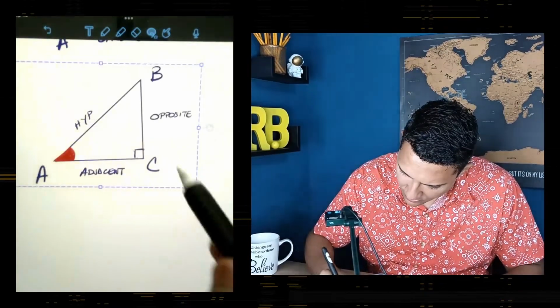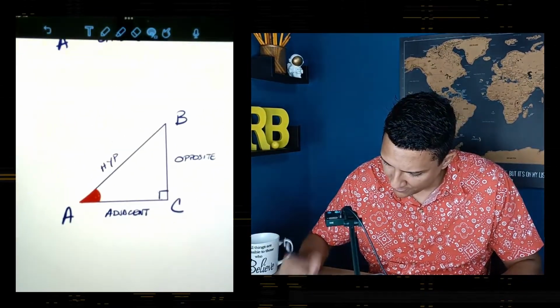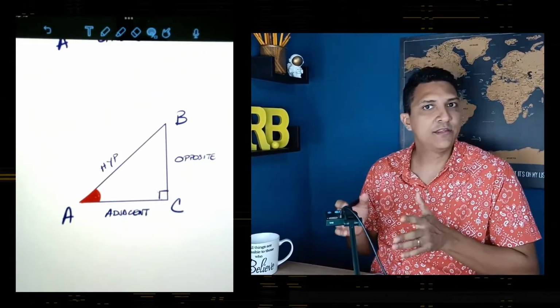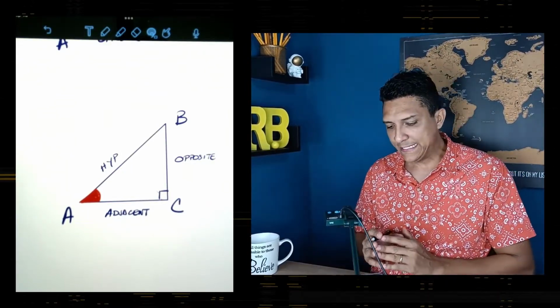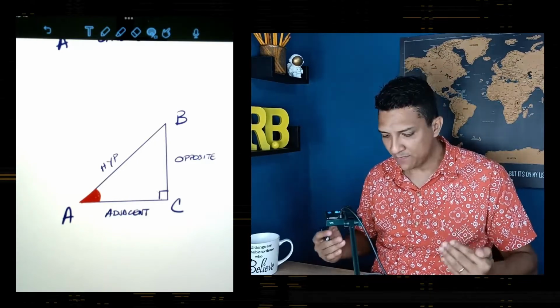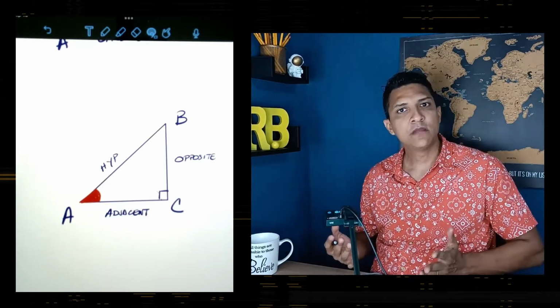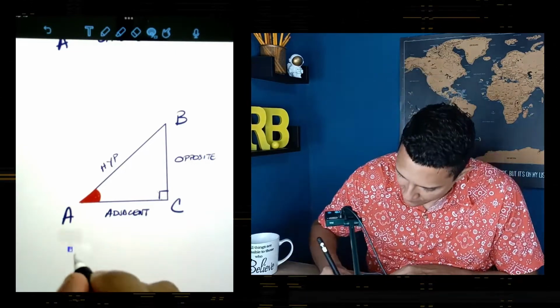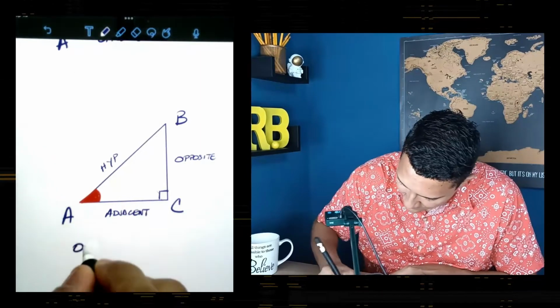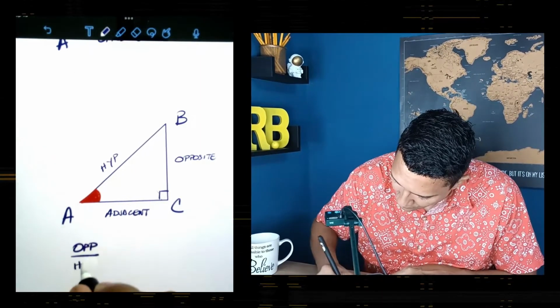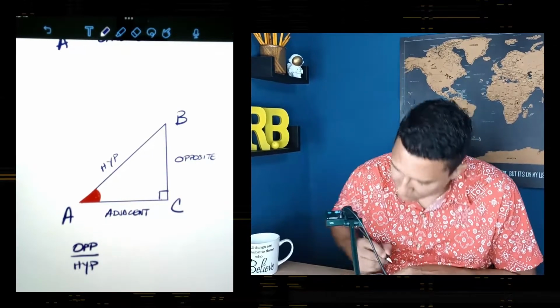So when the Greeks were working with trigonometric ratios, they knew that they can create different combinations. For example, they said, okay, I can compare the opposite side with the hypotenuse. So they did like this, I'm comparing the opposite side with the hypotenuse.